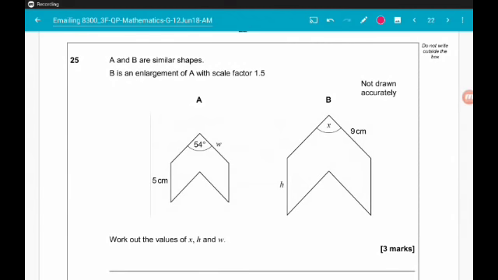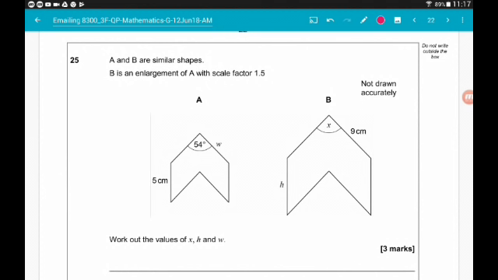Question 25. So shapes A and B are similar. We're told shape B is an enlargement of shape A with a scale factor of 1.5. Now inside similar shapes, the angles stay exactly the same.